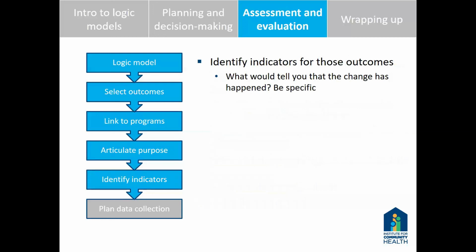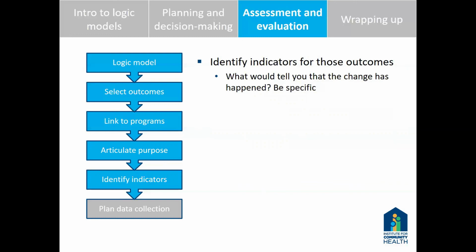Once you know what you want to measure and why you want to measure it, the next step is identifying indicators. So the indicator is where you start to get really specific about what you're trying to measure here. The indicator is what tells you that this change has happened. So with each outcome, you can ask yourself, how would I know if this has or has not happened?